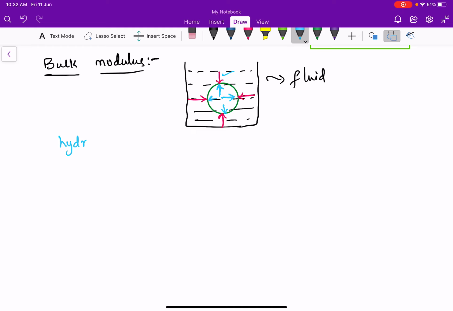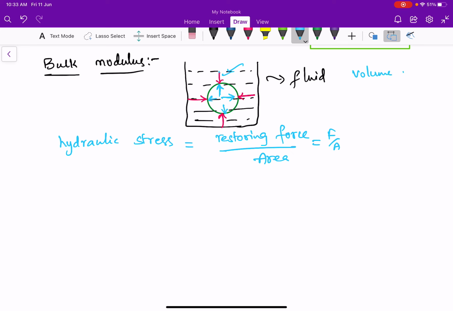Here hydraulic stress is defined as restoring force per unit area. Because of the force exerted by fluid on the object, the volume will decrease. If volume decreases, final volume is less than initial volume, so delta V will become negative here.